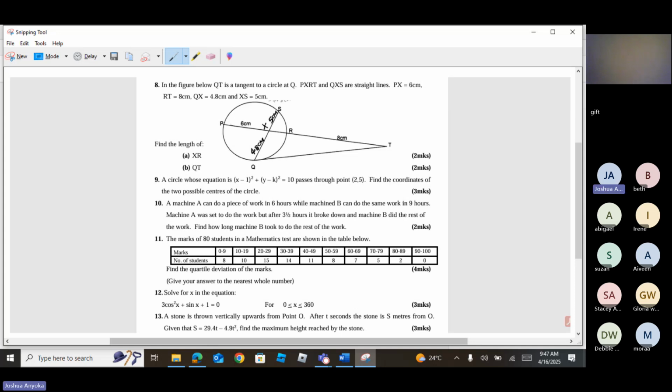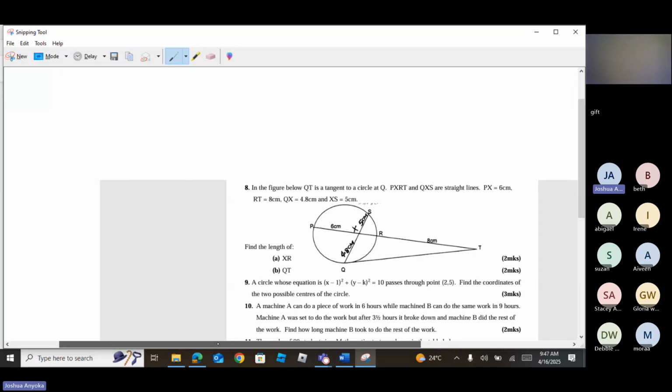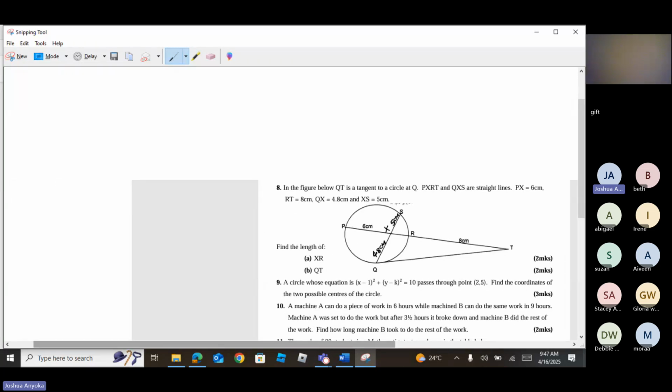When it passes through 2, 5, it means the two values should satisfy the equation. So substitute. When x is equal to 2 and y is equal to 5, the equation must be satisfied.